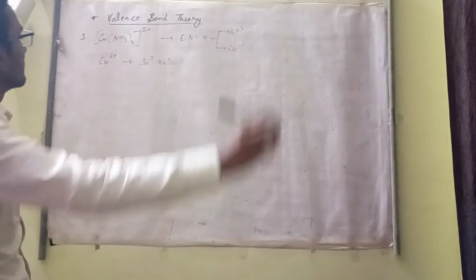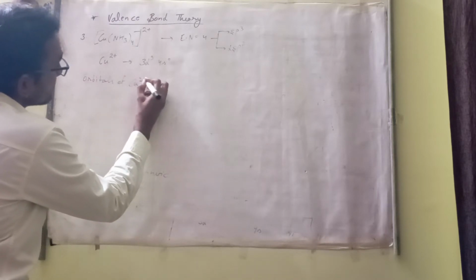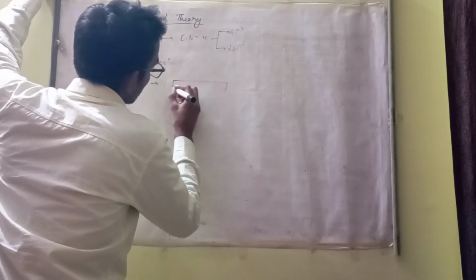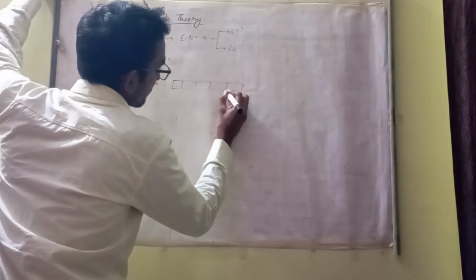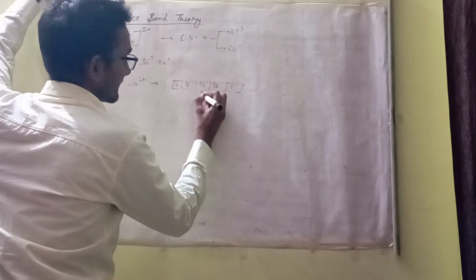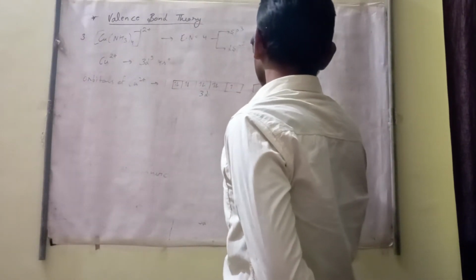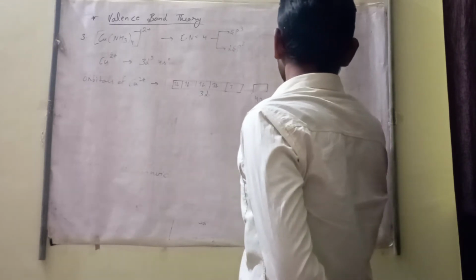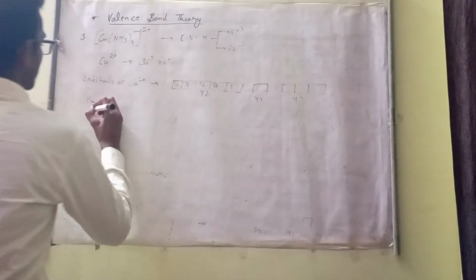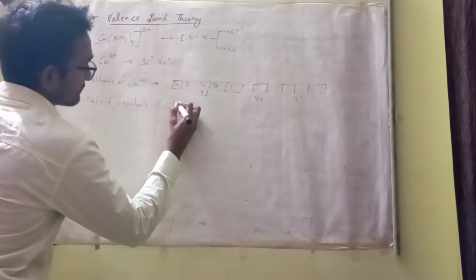The orbitals of Cu2+ are 3d, where 9 electrons are present, and 4s orbitals do not have any electron, and this is your 4p. Now the hybrid orbitals of Cu2+.